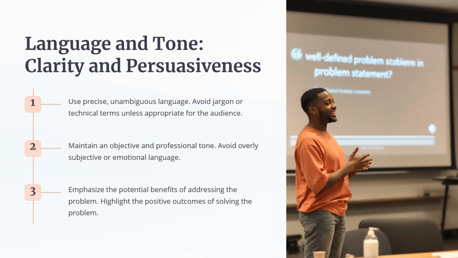Actually, the use of precise language is at the core of stating the problem of that research. If the language is not clear, if the language means more than one thing, then it is ambiguous. And if it's ambiguous, nobody can tell what you mean, what you are saying, what you are not saying.